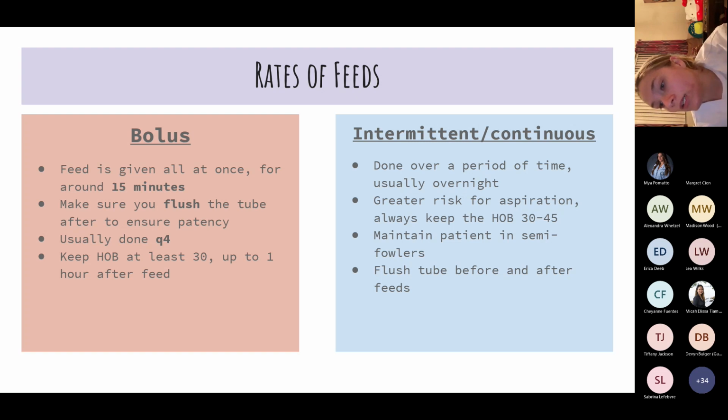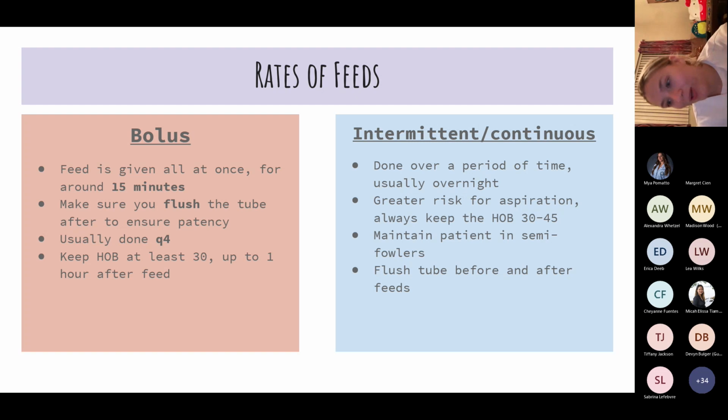When someone is on an intermittent or a continuous feed, whenever this feed is going, the patient has to remain upright. Let's say for whatever reason you need to turn your patient onto their side. If they are on an intermittent or a continuous infusion, this is the highest risk for aspiration. Why? Well, when you're on a 15-minute bolus, you are a 15-minute aspiration risk, plus 1 hour after and whatnot.